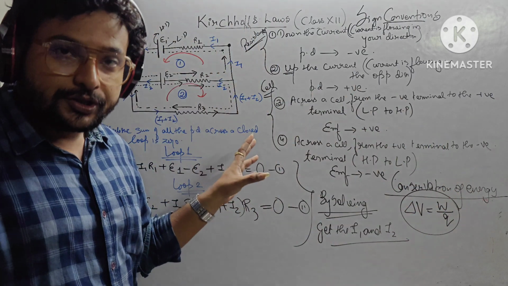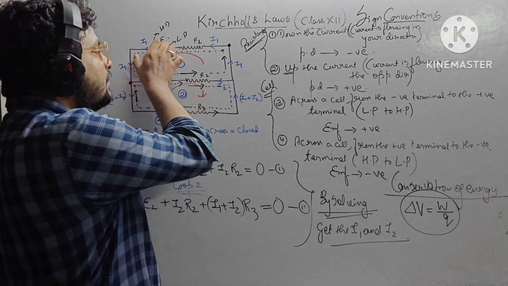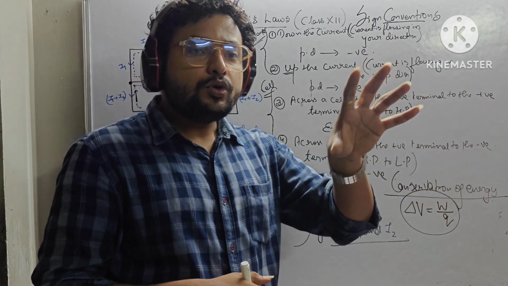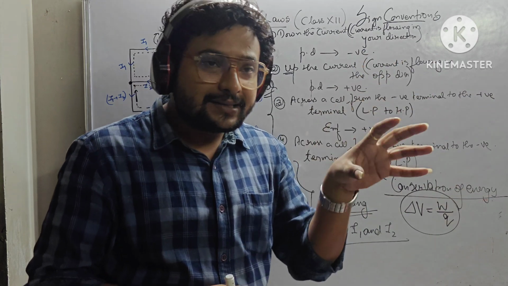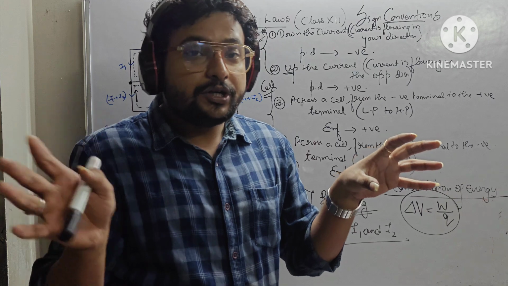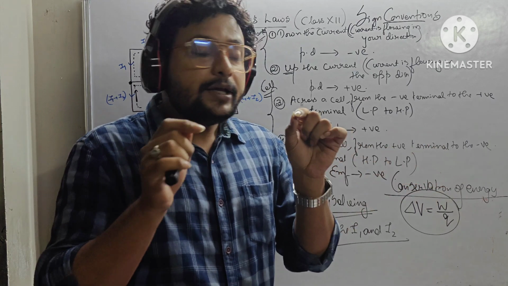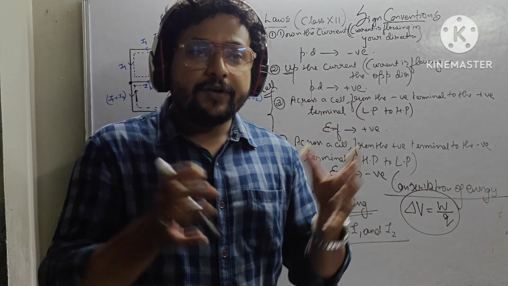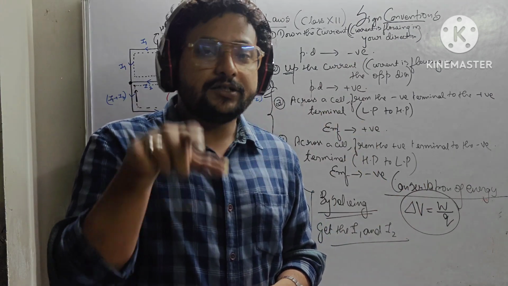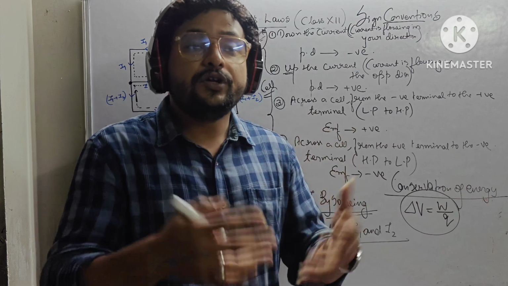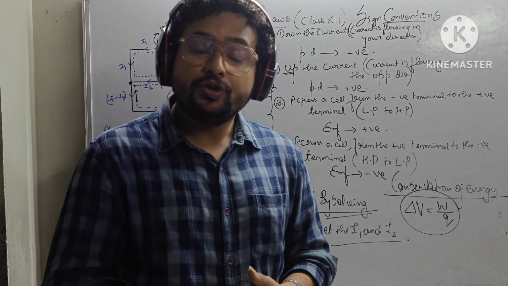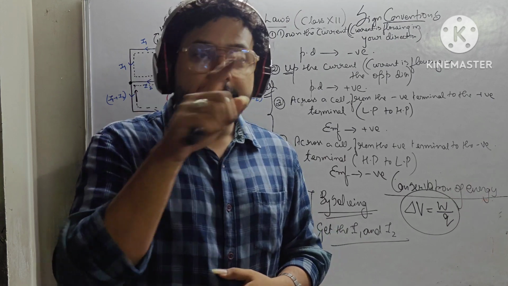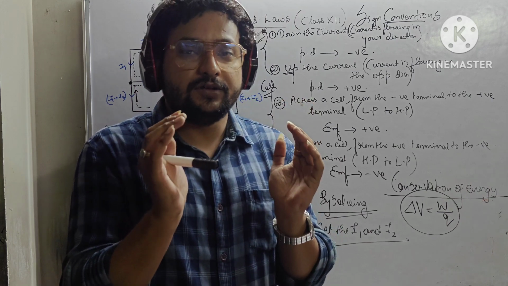Now, if the algebraic sum of the potential differences is not 0, that means whatever potential differences we take with plus sign are not equal to those we take with minus sign. If that is not true, then whenever charge flows through any particular loop, we would constantly get energy out of it. Practically that is not possible, because whenever current flows through a circuit, energy has to be conserved.